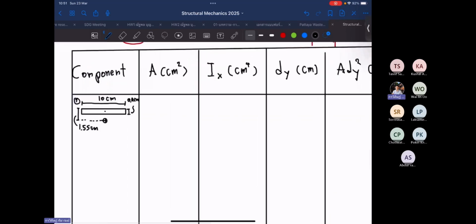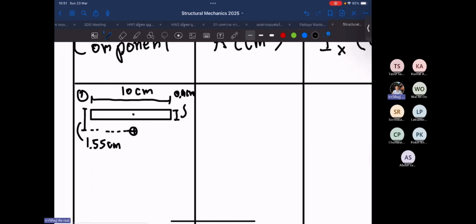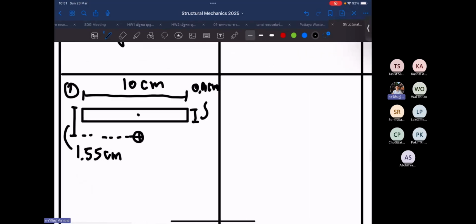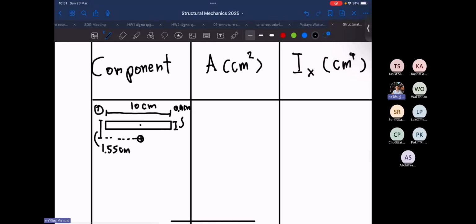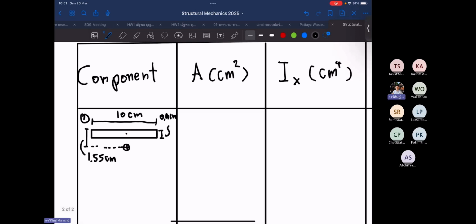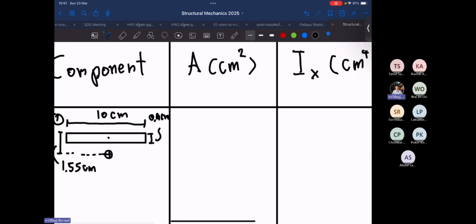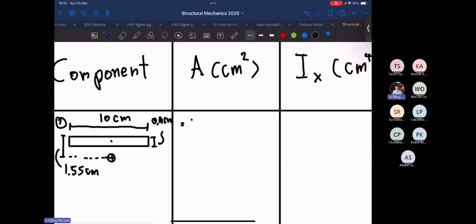I think I drew too small a picture, but maybe okay. Then we can start the calculation, starting from the area. This area equals 10 multiplied by 0.9, equal to 9. The unit is square centimeter.